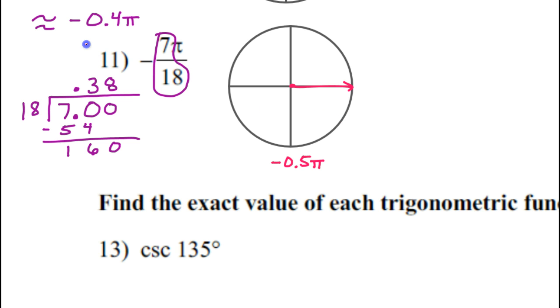But we are not going to get there because our angle is approximately negative 0.4 pi, so that's less than this. So I'm going to stop short of that. So I'm going to draw my angle in such a way that it doesn't quite make it to negative 0.5 pi.